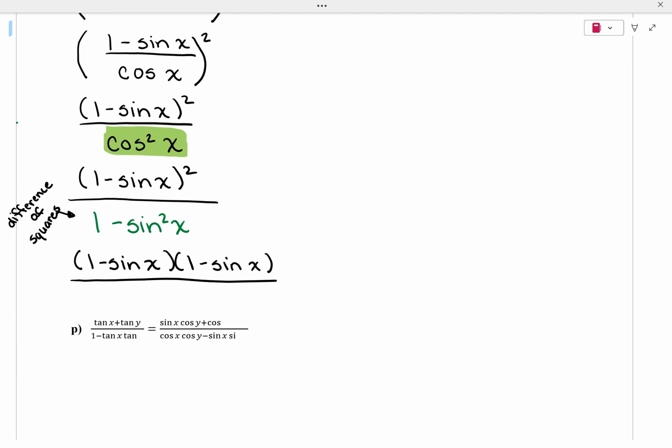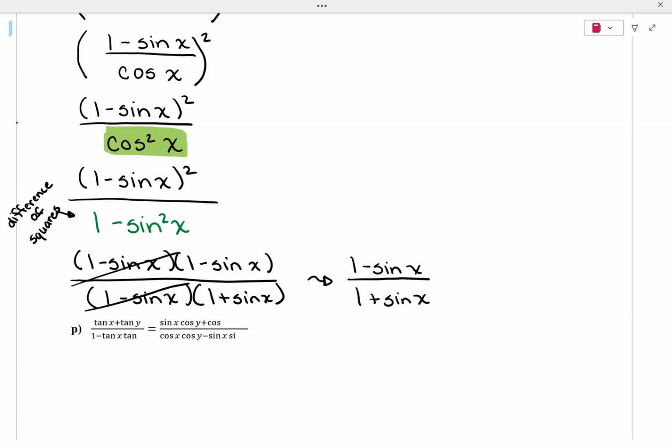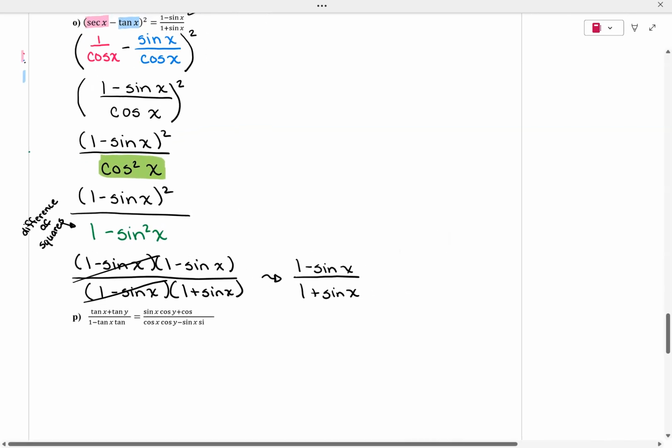So that means we write it once with a minus sign and once with a plus sign. These cancel. Notice what we're left with. And that was exactly what we needed.